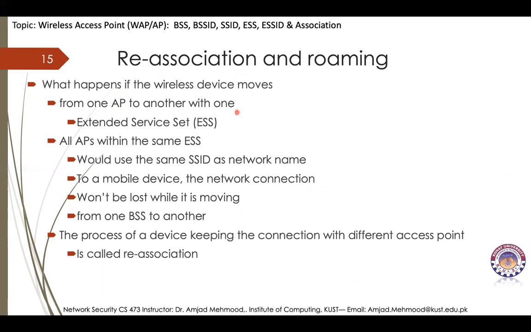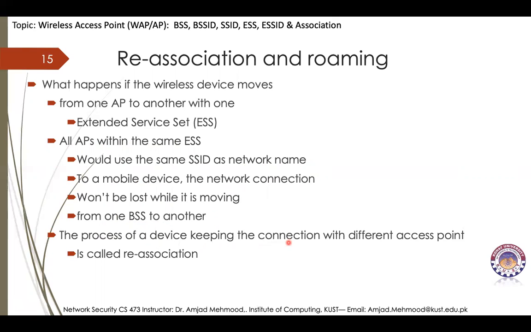In an extended service set, all the APs have the same SSID as the network name. To a mobile device, the network connection wouldn't be lost while it is moving from one BSS to another. The process of a device keeping the connection while moving to a different access point is called reassociation.